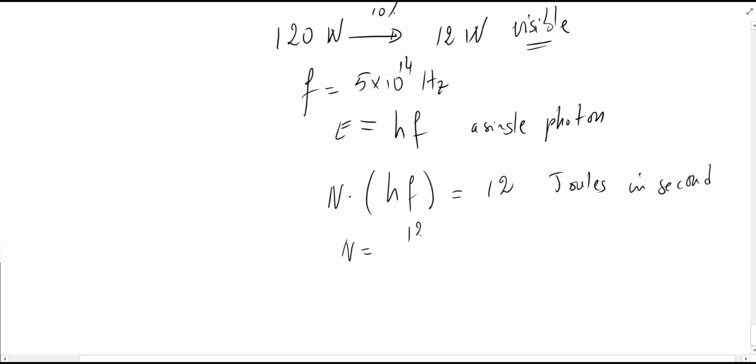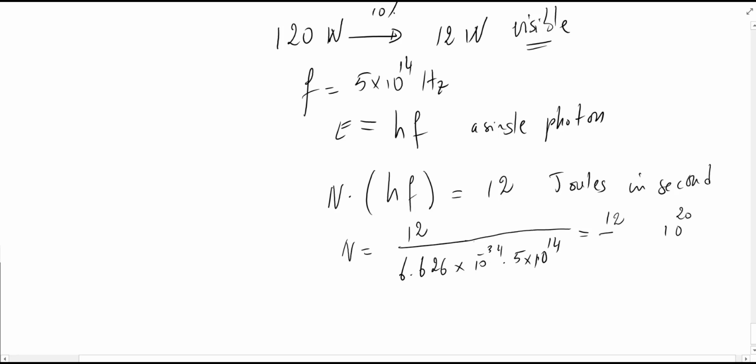N is 12 joules over 6.626 times 10 to the negative 34, times the frequency, 5 times 10 to the power 14. Okay, if you do the math, I'm going to come up with a rough number. 10 to the negative 34 and 10 to the power 14, that's 10 to the negative 20, so 10 to the power 20 in the numerator.